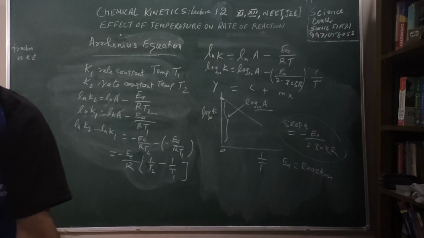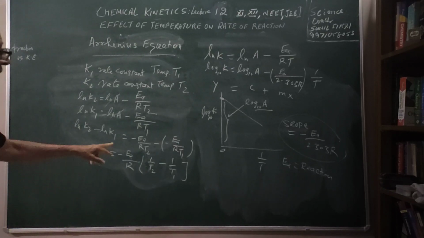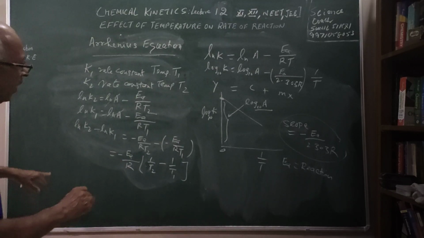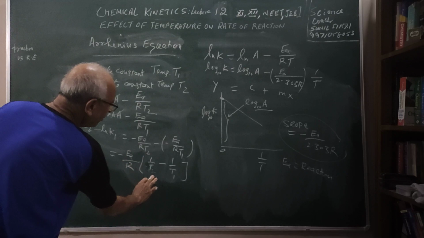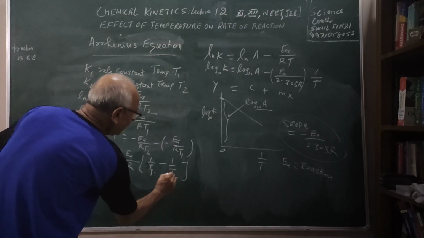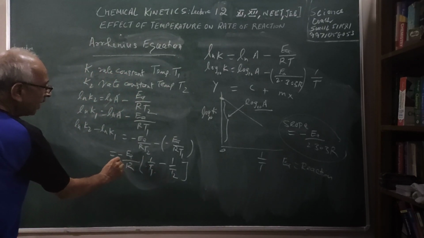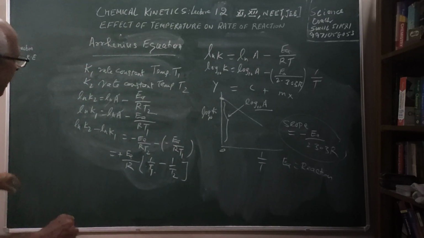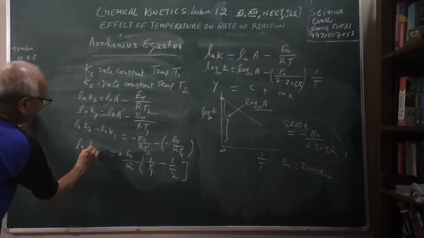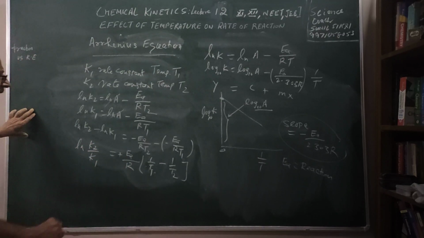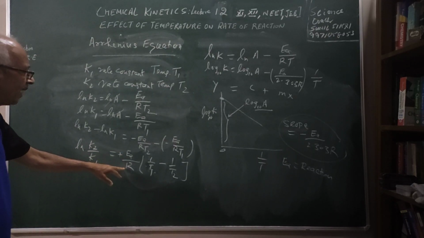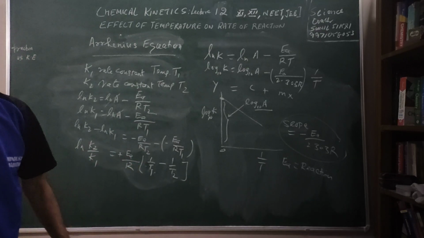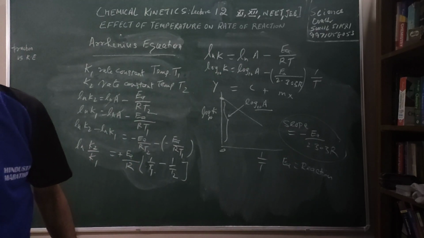What we are getting is an expression EA by 2.303, 1 by T1 minus 1 by T2, or this if I take plus. So this is the result. What is this? ln K2 by K1. So ln K2 by K1 is EA by R, 1 by T1 minus 1 by T2.